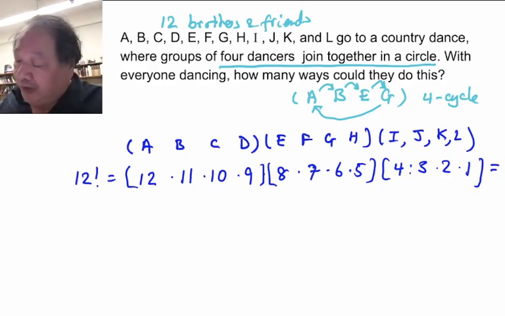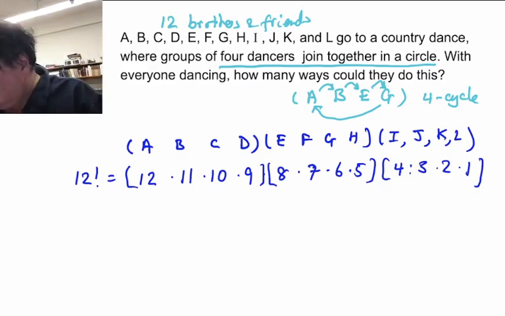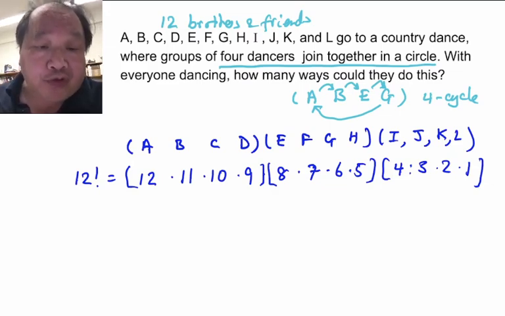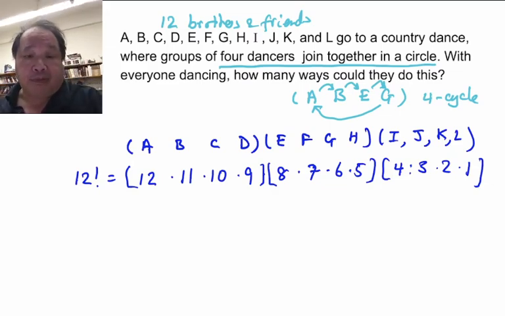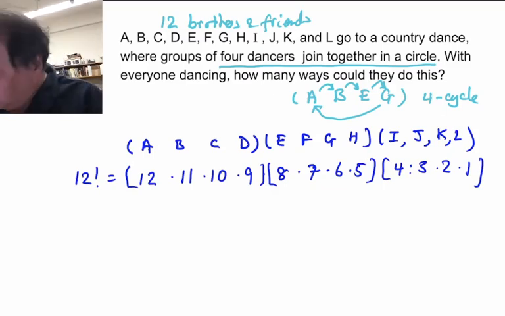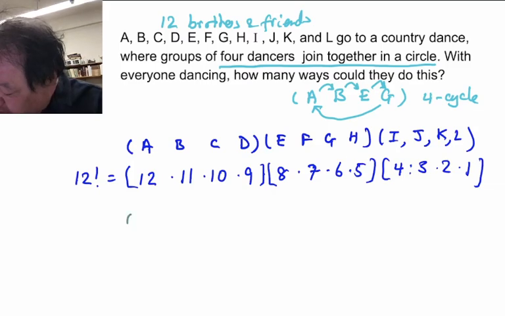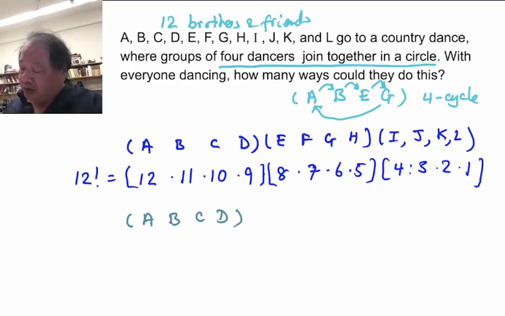But we will have overcounted. And try to figure out one way that we have overcounted. Okay, so one way that we've overcounted is that A, B, C, D is one of the dance teams. A is holding B's hand, B is holding C's hand.